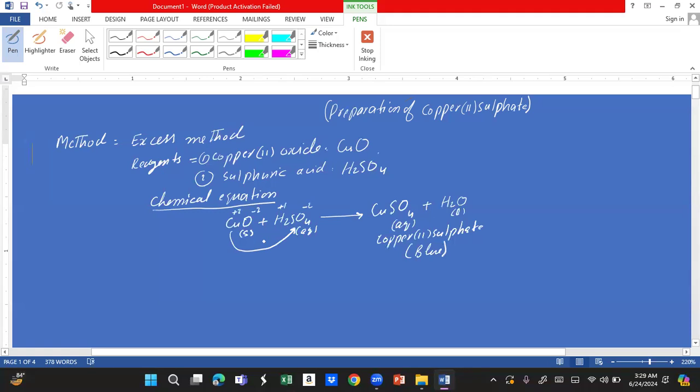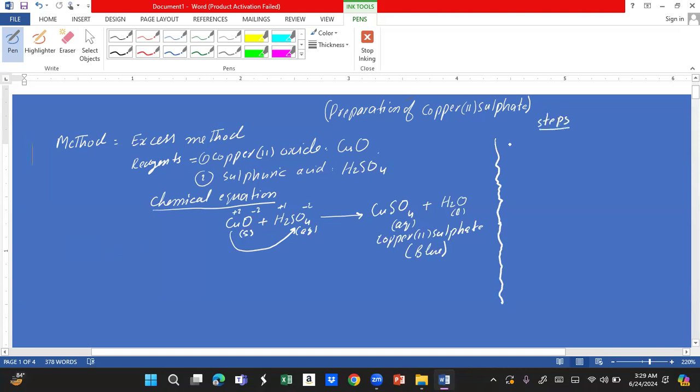Now, how can we get the crystals of copper(II) sulfate? For that, we need to write the steps. What are those steps?